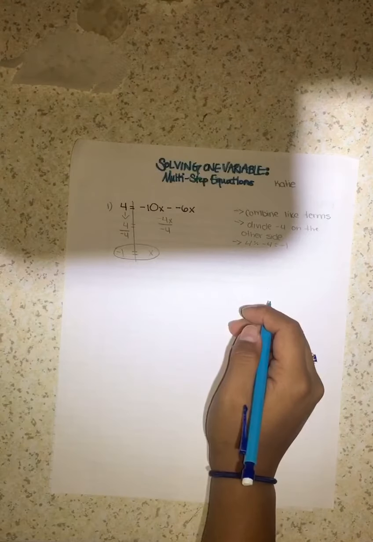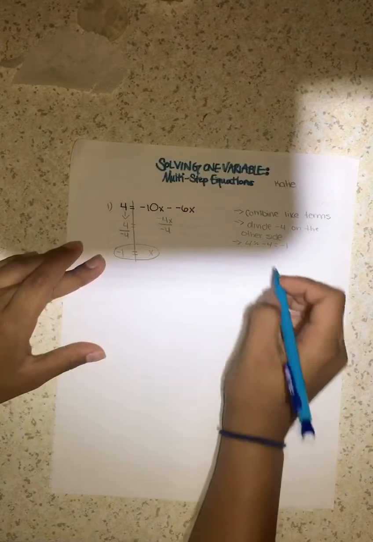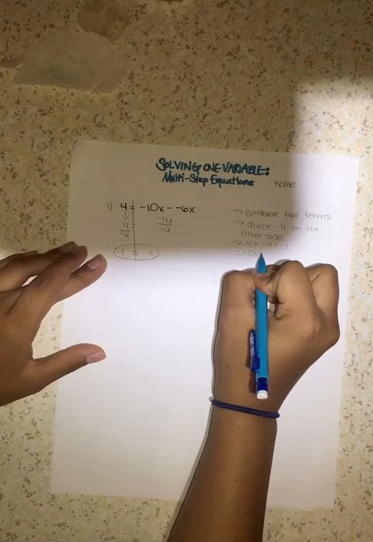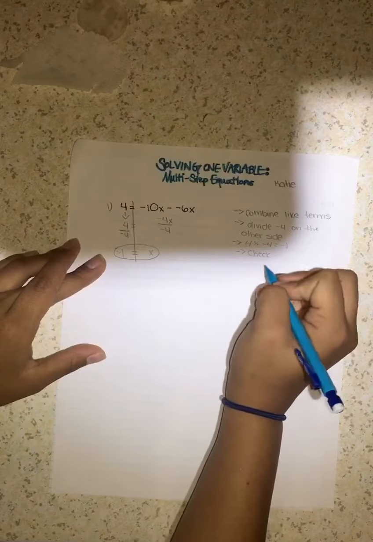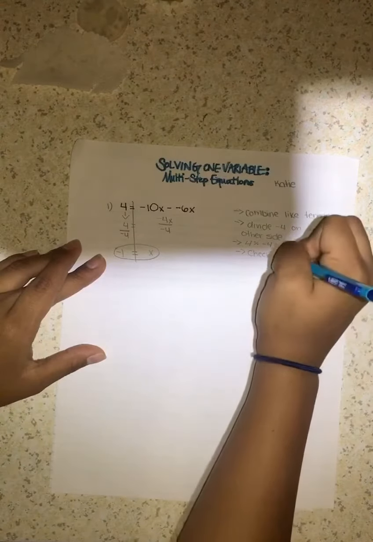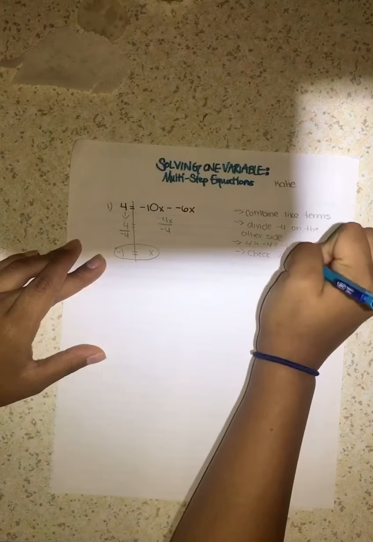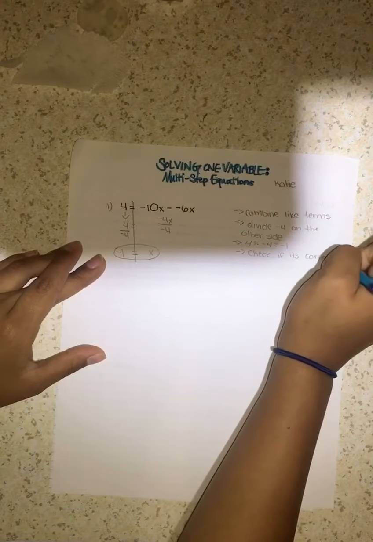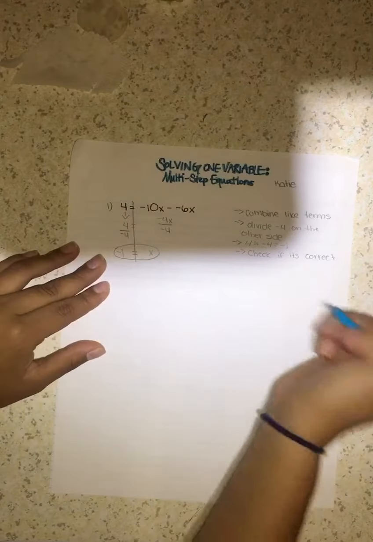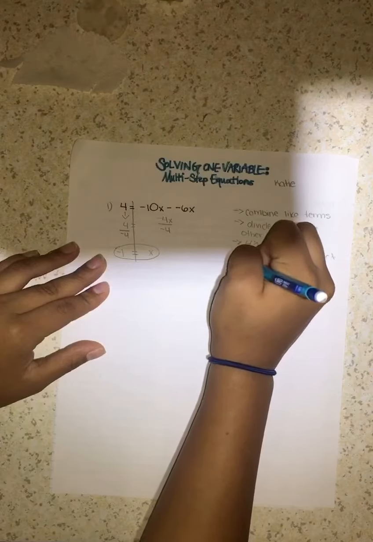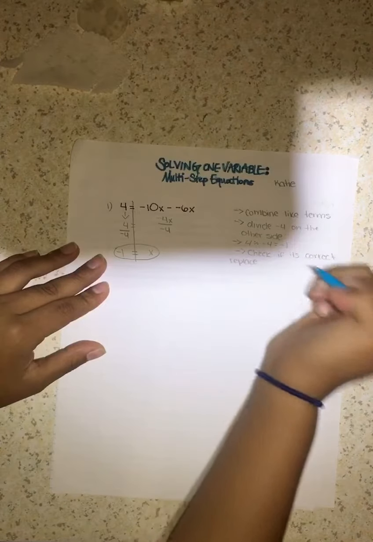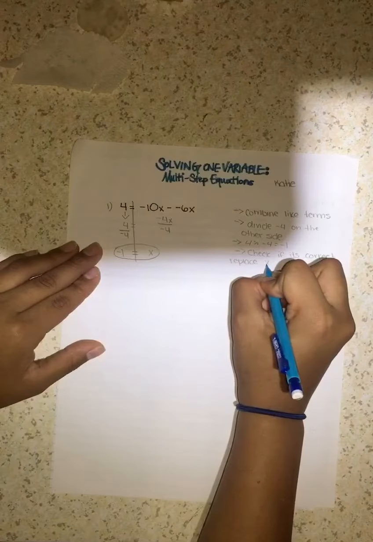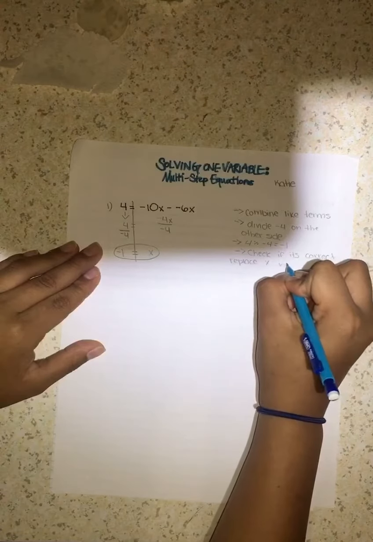And now to check if it's the correct answer, we are going to be replacing this x by our answer, which is negative 1.